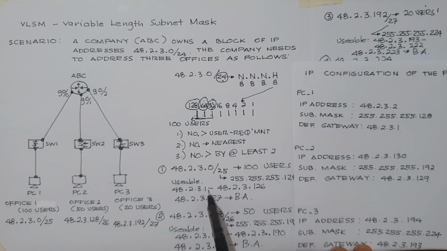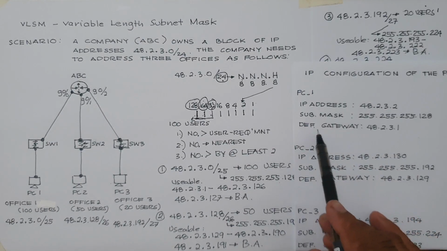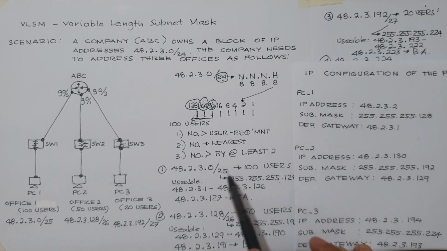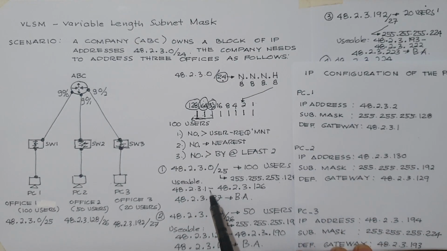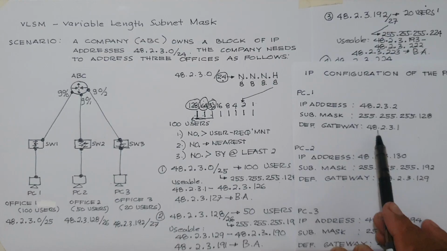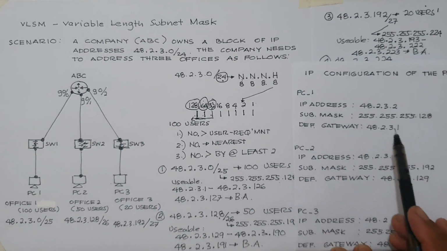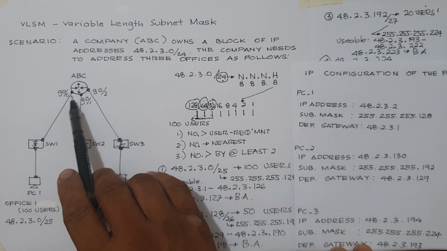Okay, the second usable, because the first one, 48.2.3.1, is normally used for the default gateway. So the IP address of PC1 would come from this space, and that is 48.2.3.2, and the first usable will be the default gateway of all the PCs here, which means that this address must be configured to that interface later.